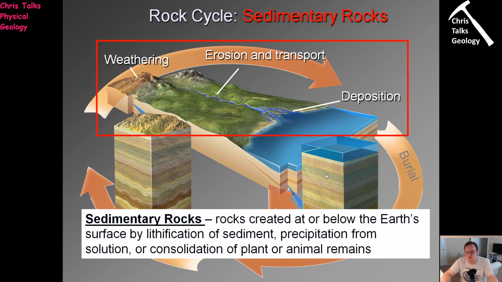Now as this happens, obviously that means they are being buried, and during the process of being buried they will begin to be exposed to increased pressure and increased temperature, and this will eventually lead to the process of lithification, and this is the process by which we are taking our sediment and turning it into a proper rock. Now obviously you can see the paragraph down here. We're actually going to cover lithification in much greater detail in a few slides' time, so I'm really not going to spend any time on that right now.